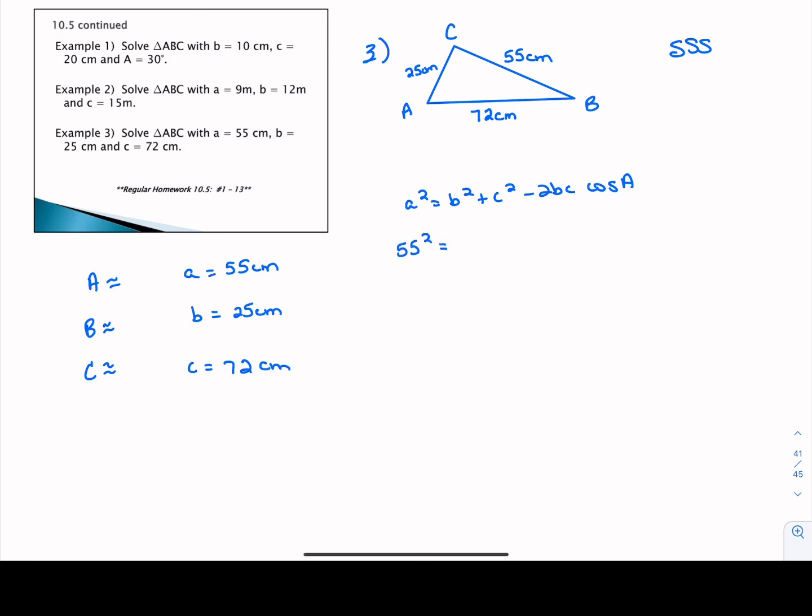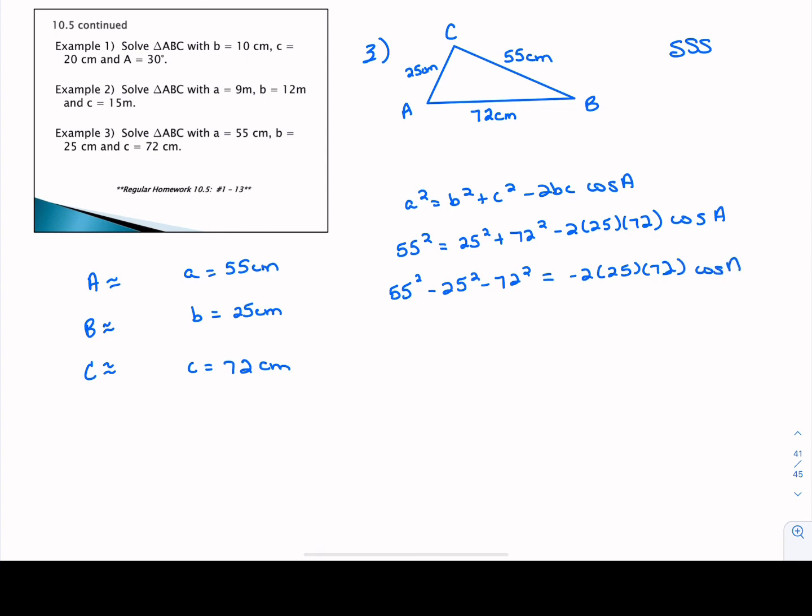That's equivalent to B squared, or 25 all squared, plus C squared, or 72 all squared, minus 2 times 25 times 72 multiplied by the cosine of angle A. So we still manipulate the equation the way we did before. So we've got 55 squared minus 25 squared minus 72 squared set equal to negative 2 times 25 times 72 multiplied by the cosine of angle A.